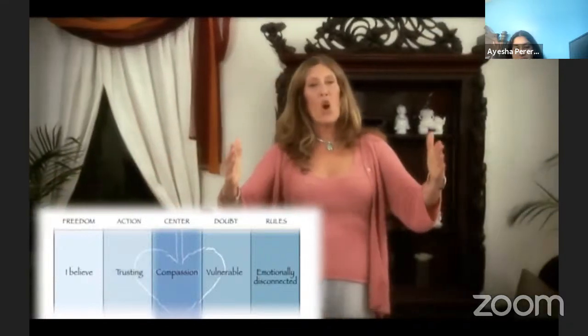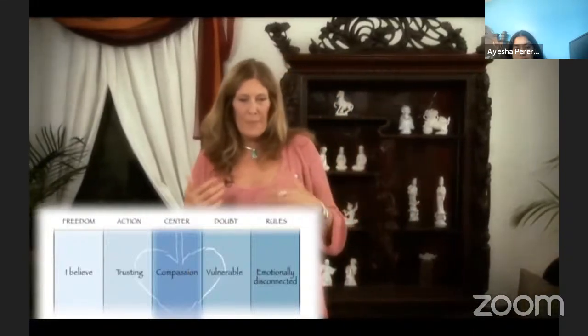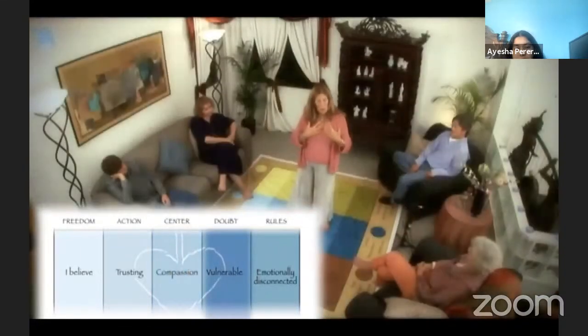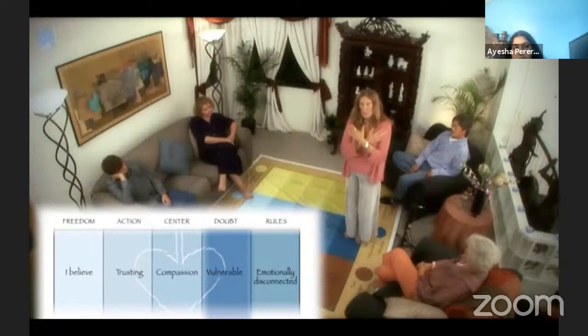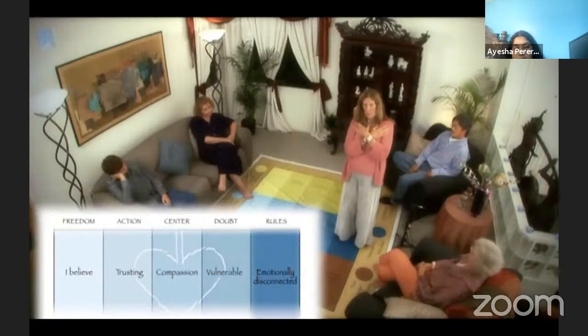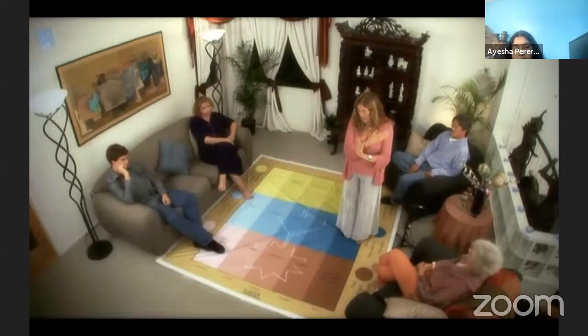The centerpiece of the heart is compassion. It's solid. It trusts and it can feel vulnerable as the heart starts to close up with vulnerability. And then we get into fear and the heart closes and says, I will not be hurt again. I'm going to disconnect emotionally and isolate.